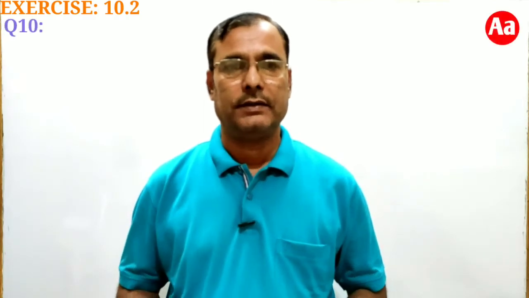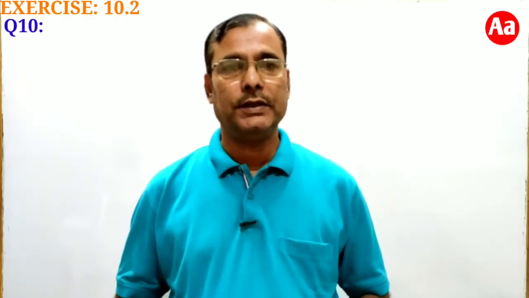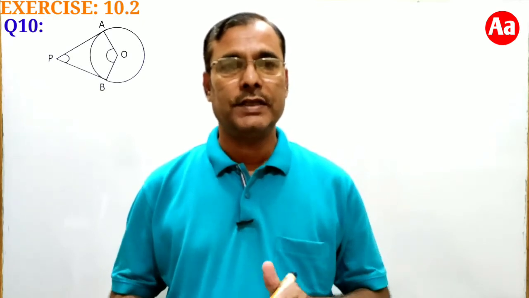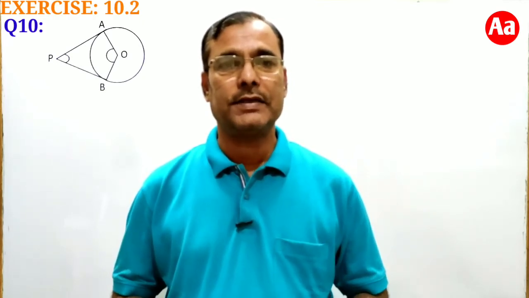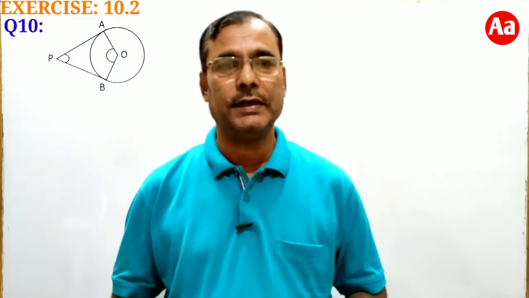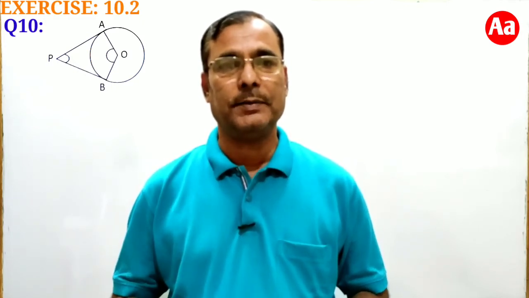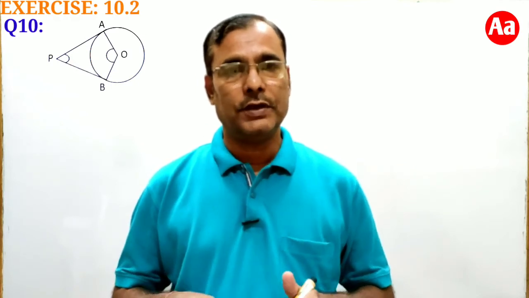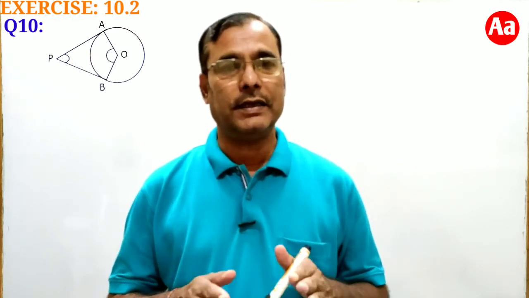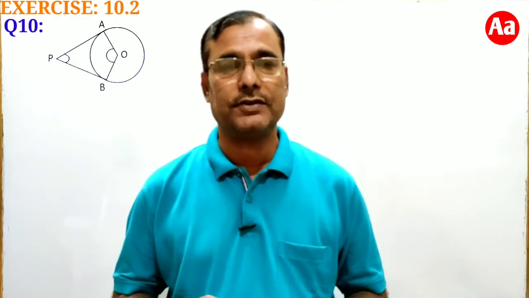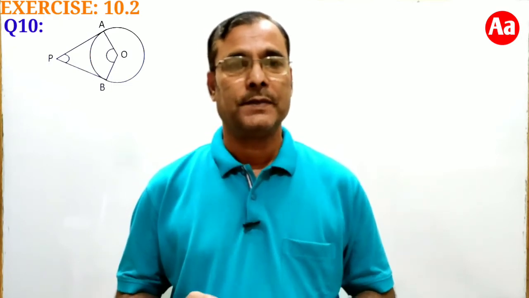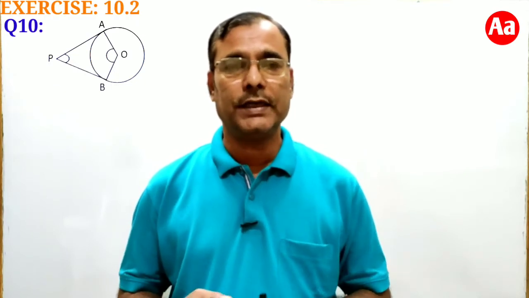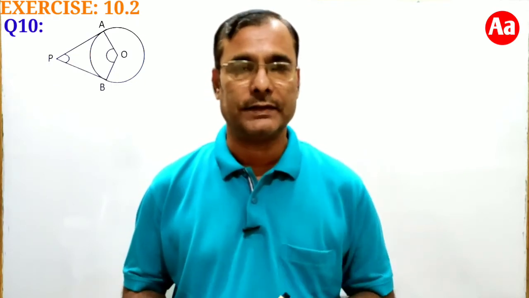Question number 10. Prove that the angle between the two tangents drawn from an external point to a circle is supplementary to the angle subtended by the line segment joining the points of contact to the center. In other words, angle between the two tangents drawn from external point is supplementary to the angle subtended by two radii through the points of contact.